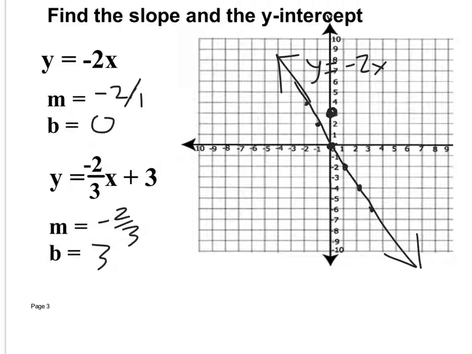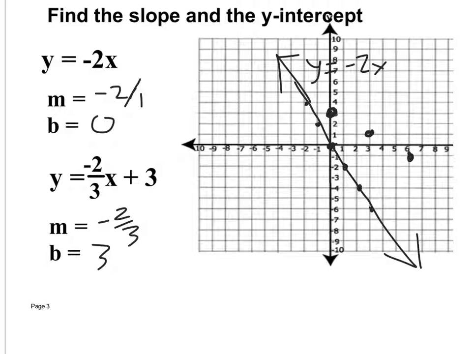I look at my slope. It's negative 2/3. That means I'm going to go down 2 over 3. Now that's why I always say go to the right first, so you know if it's going down and to the right or up and to the right, based on if the top number is negative or positive. So then I go down 2 over 3 again.